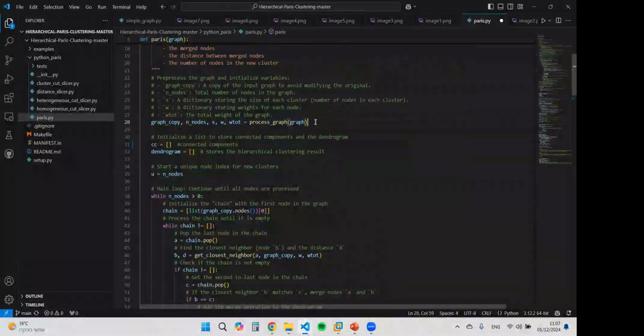Okay. So first of all, we start with initiating everything. We make the process graph and make a graph copy. It gives us the nodes. It gives us S, which is an empty list to store the sizes of the clusters, because remember, when we output the dendrogram, we want to see the height of the spike.